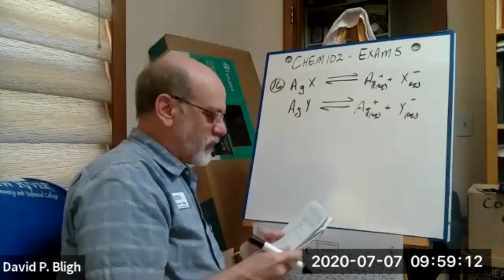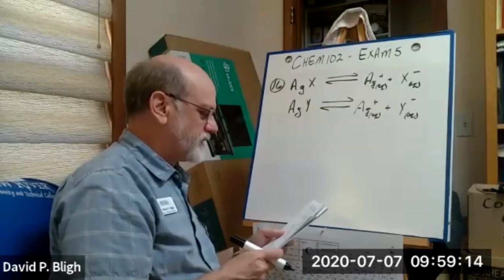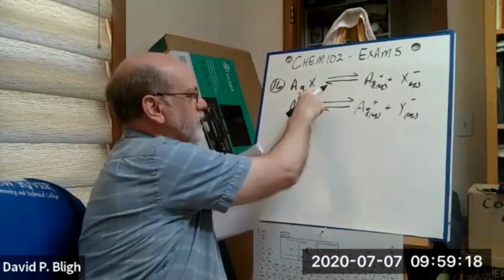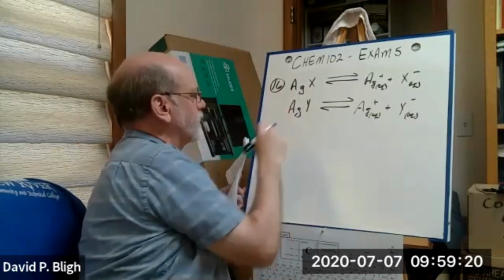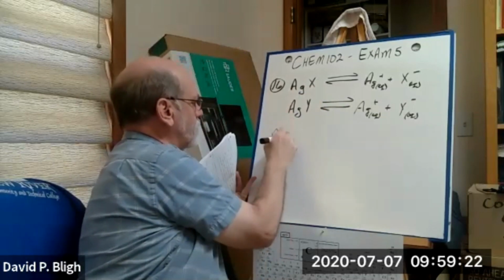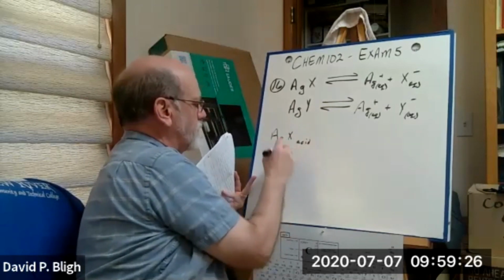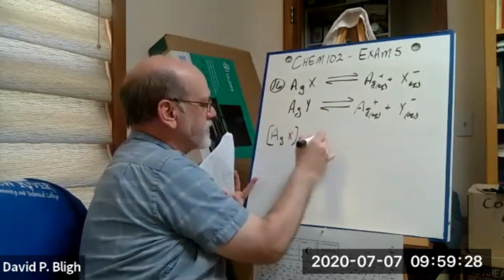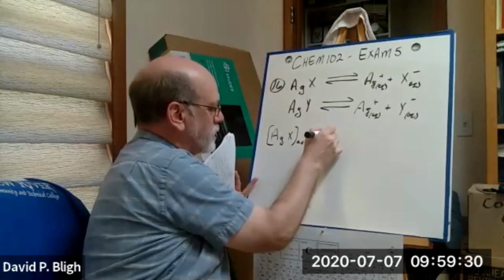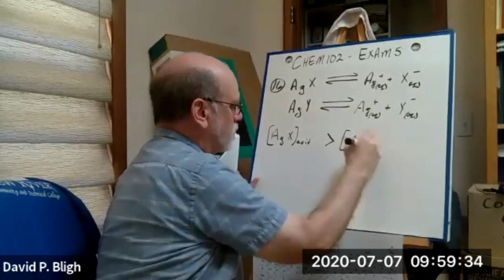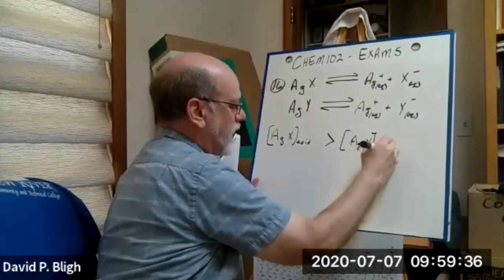But the other part of this problem is that this one is more soluble in acid. So the concentration of this in acid is greater than this one in acid.